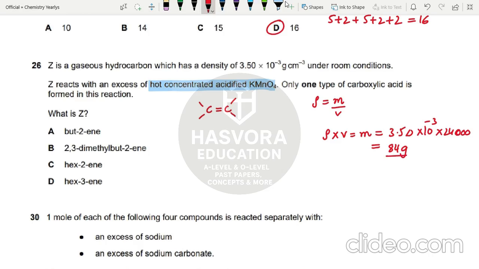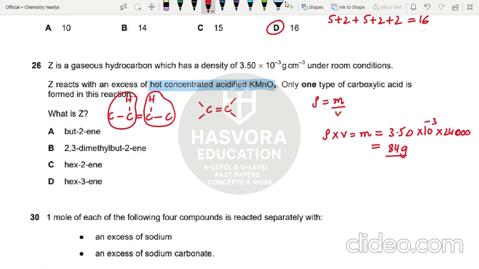Now we have to check the structures of each option. So this is but-2-ene. It will have a hydrogen here, and the carbon here. This group will form the carboxylic acid, and this will also form the carboxylic acid, and they will be the same because they are the same groups.